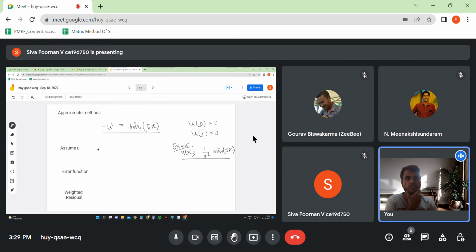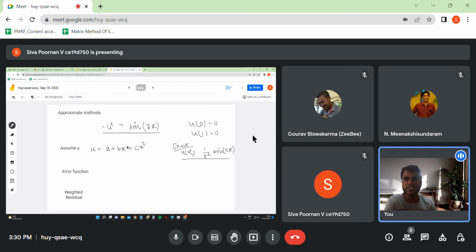So what we do is we just assume a function for u. We can assume anything that we want. Let's assume that u is of the form of a quadratic equation, which would be a very good starting point. So I can say it is a plus bx plus cx square. I don't know the solution for this, but I'm going to assume it will be of this format: a plus bx plus cx square.